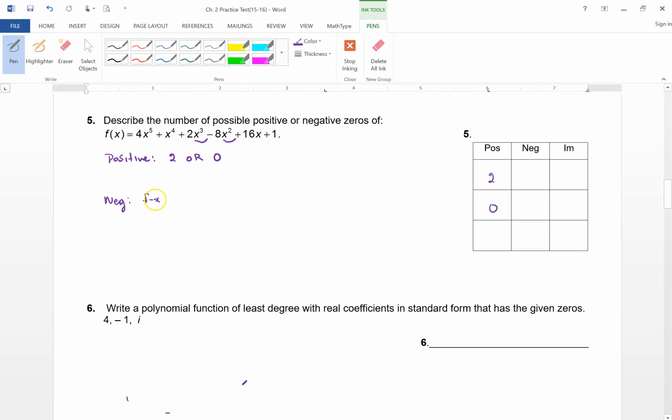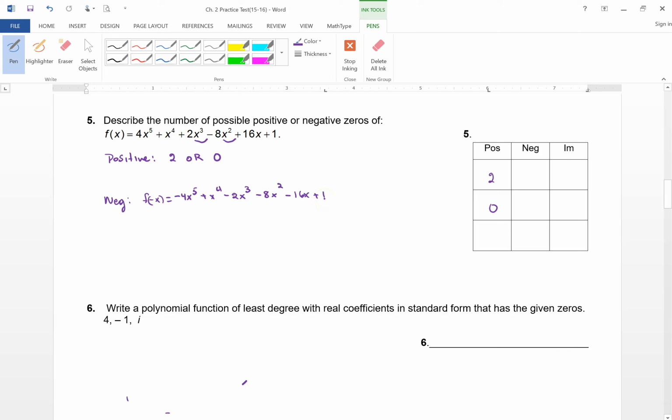For negative, I want f of negative x. Now remember, the quick way to do this is those with even exponents will not change. Those with odd exponents will just switch sign. So it's negative 4x to the 5th plus x to the 4 minus 2x cubed minus 8x squared minus 16x, and the constant can't possibly change.